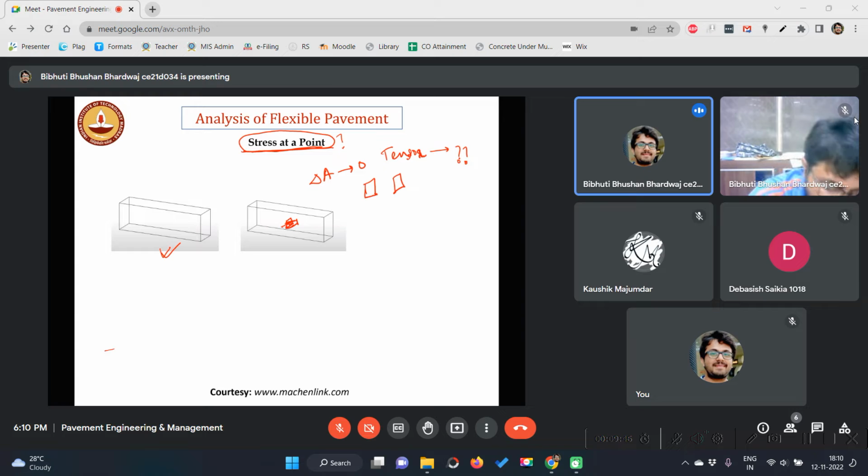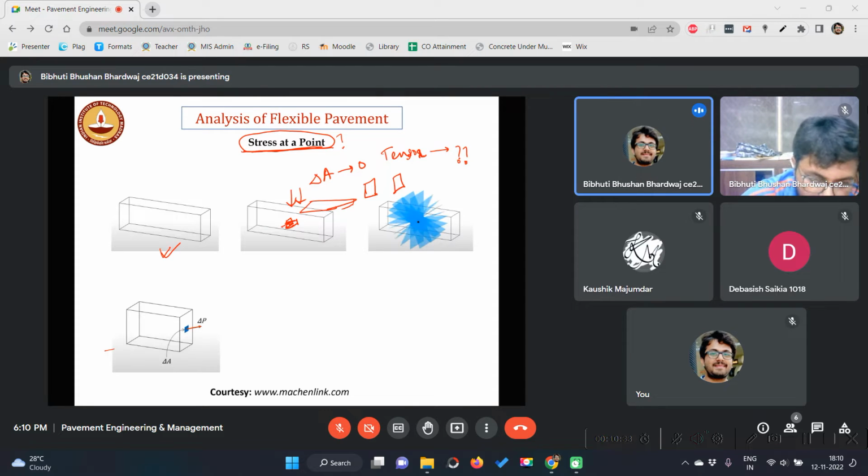But the direction of this surface can be anything. If the force is acting like this, it can be a shear stress; if it is coming from this direction, it can be a normal stress. So we need to define the direction of not only the force but also the infinitesimally small surface at which the force is acting.